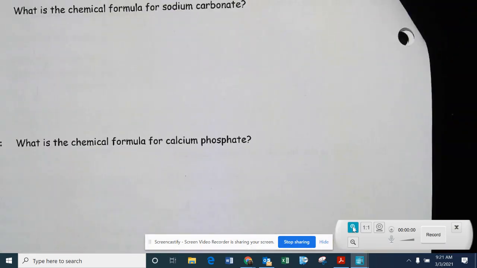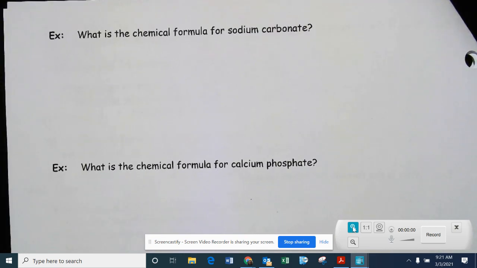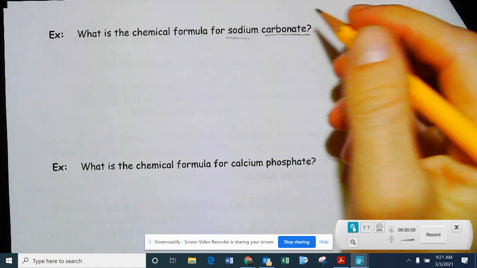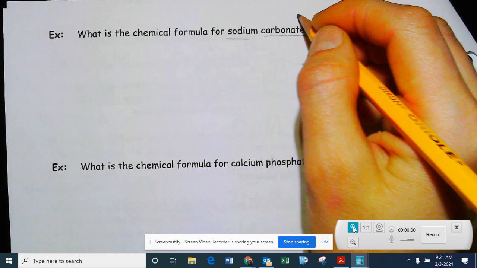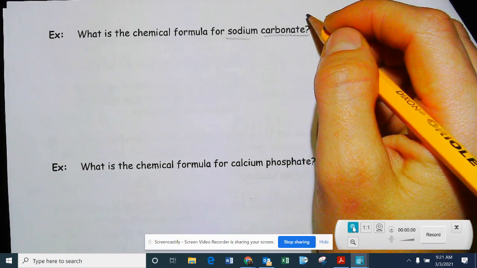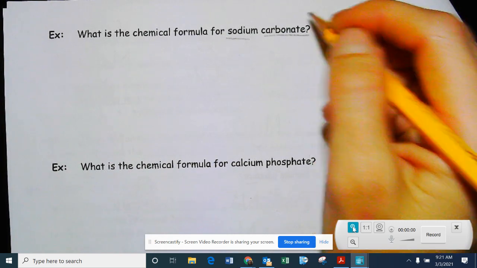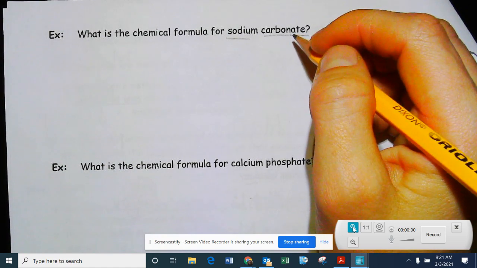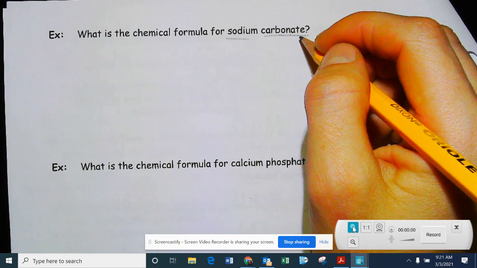Let's do some examples. I just did this on the last page. Chemical formula for sodium carbonate. When we see a name like this, if it ended with -ide, it would be a simple ionic compound. But as soon as there's an -ate or an -ite involved, it generally means you're working with a polyatomic.